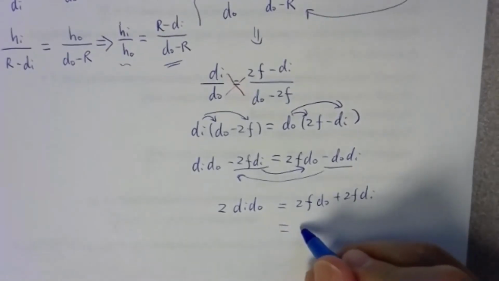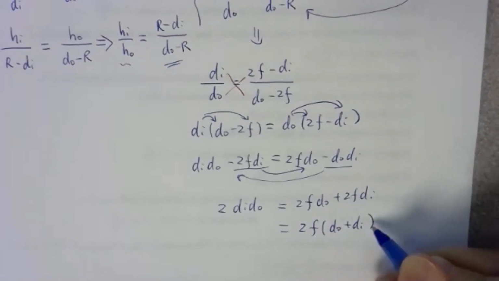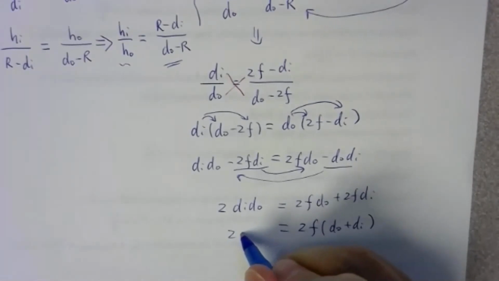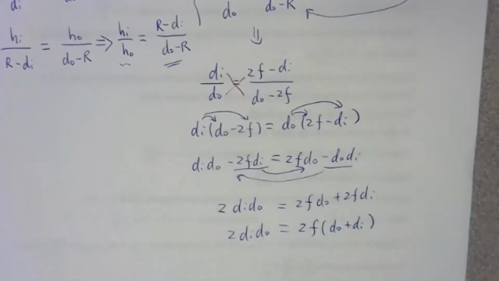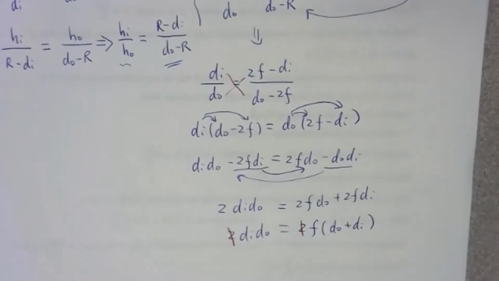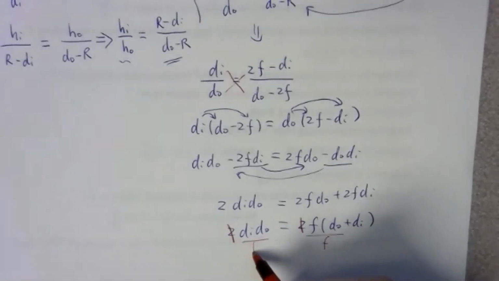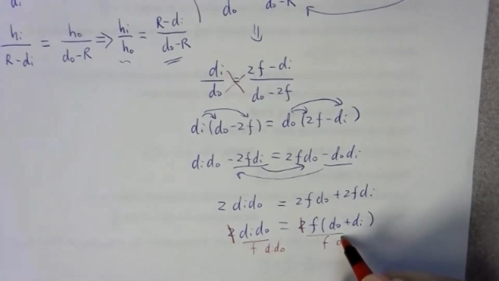Now you can factor out 2F, giving 2F times DO plus DI, and this is 2 DI DO still there. You'll see that the 2 and 2 will cancel out. And you can divide both sides by F, and also divide both sides by DI DO.